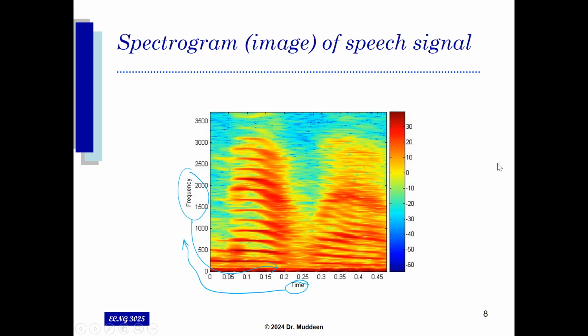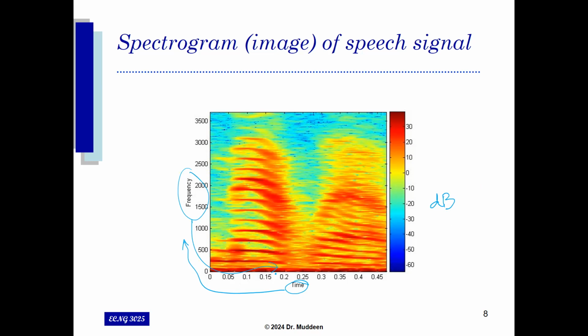This would be, for argument's sake, in decibels, if you remember what a decibel was. So low amplitudes would be dark blue, so you would have some low amplitude points around, and then higher amplitudes would be deep red, and then the values in between.